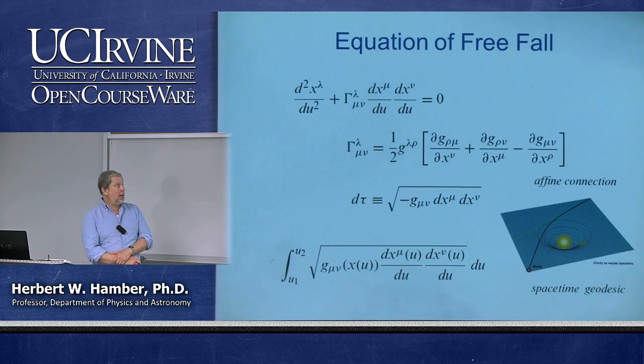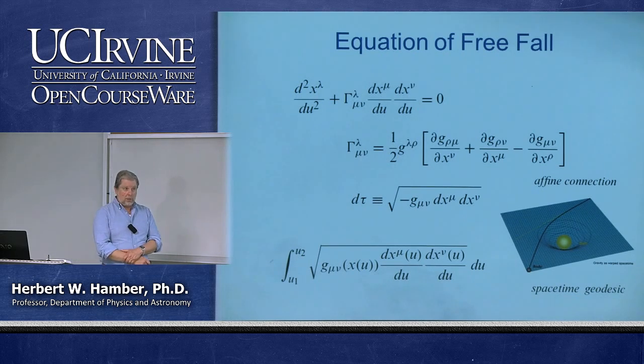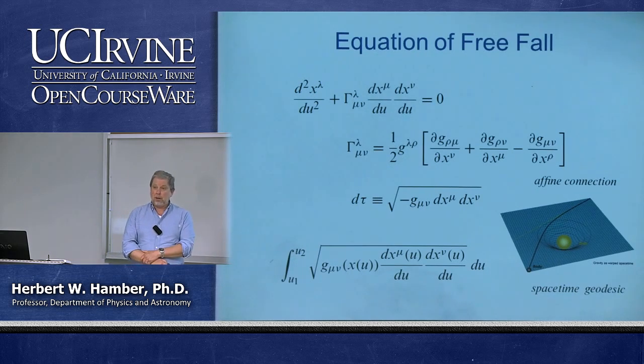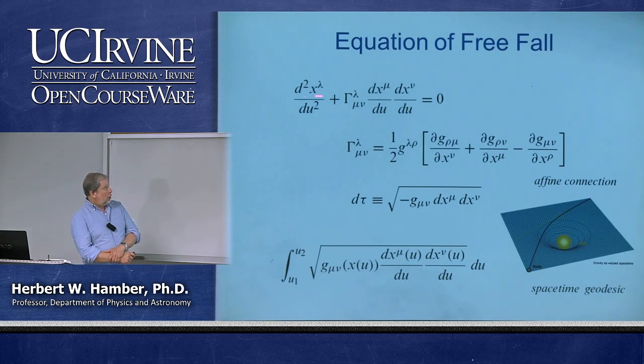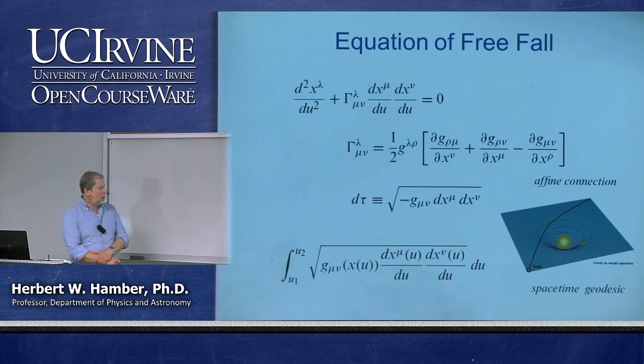We have been able to write down this equation in terms of the affine connection, and we have been able to write the affine connection in terms of derivatives of the metric, which is kind of miraculous. With the proper time appearing here, du and d tau are the same thing. This equation of free fall then tells us the orbits are given by geodesics and so forth.